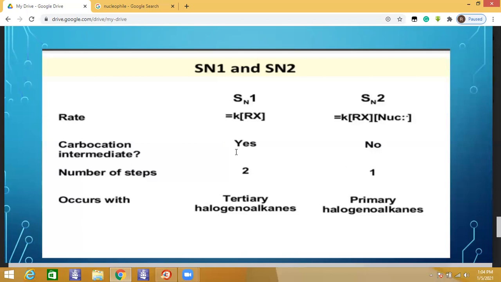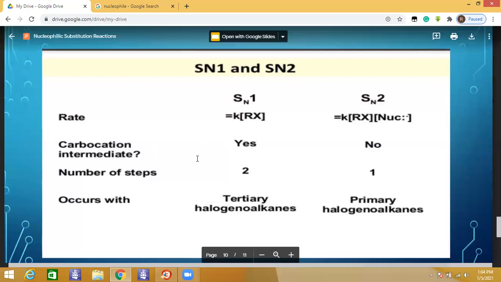The rate of SN2 also increases in polar solvent while the nucleophile is a neutral molecule. On the contrary, the rate of SN2 decreases in polar solvent if the nucleophile is negatively charged, since the electrical charge is dispersed in the transition state, which increases the activation energy of the transition state.